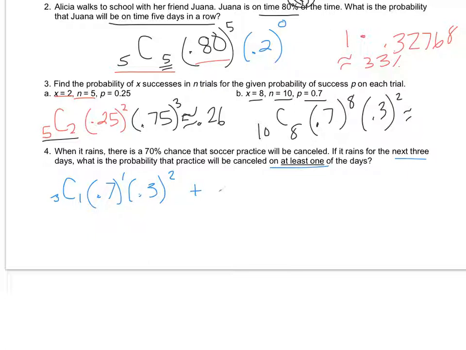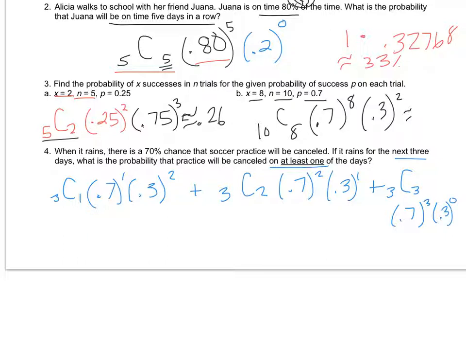So of the 3 days, it cancels 2, 0.7 to the 2, and then 0.3 to the 1. Plus, now it could cancel all 3 days. So this is going to be 0.7 to the 3, and then 0.3 to the 0.